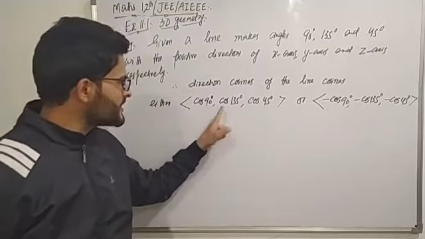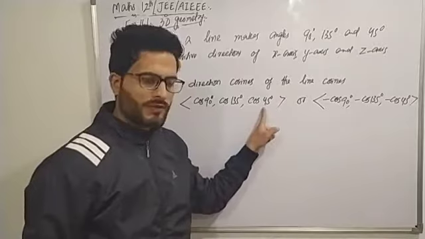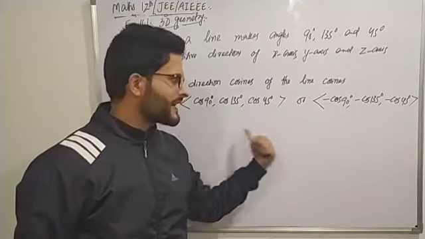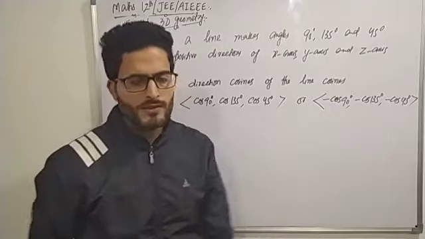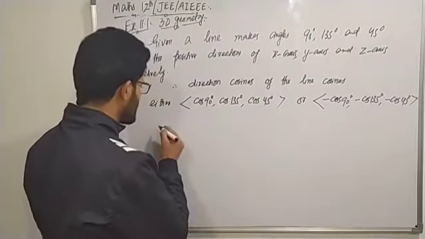One is cos 90, cos 135 and cos 45, or their negatives, that is minus cos 90, minus cos 135 and minus cos 45.